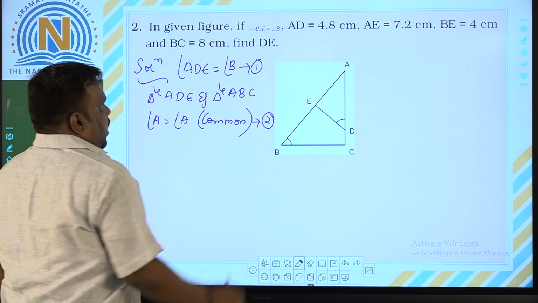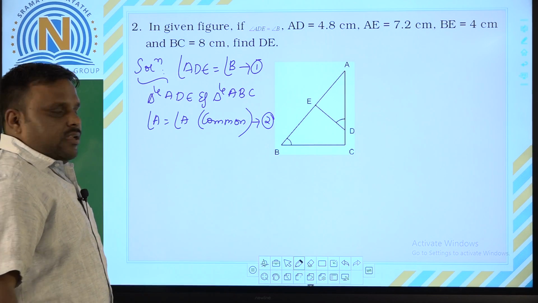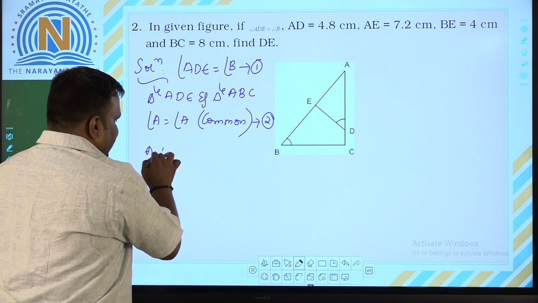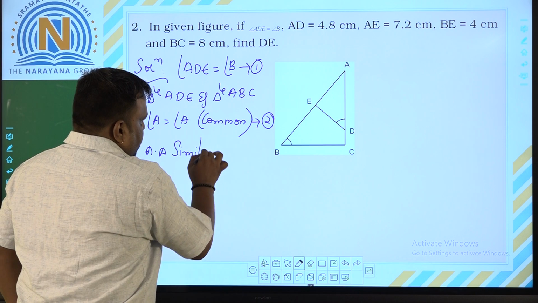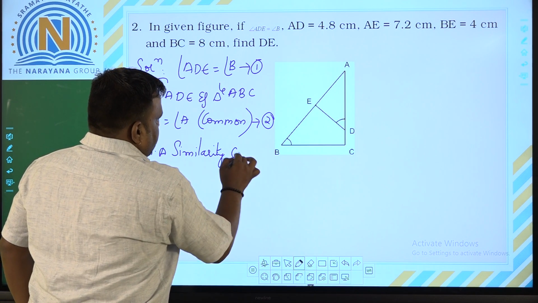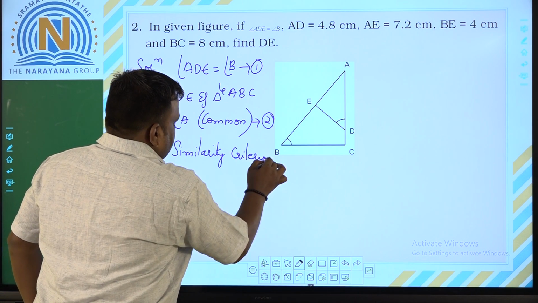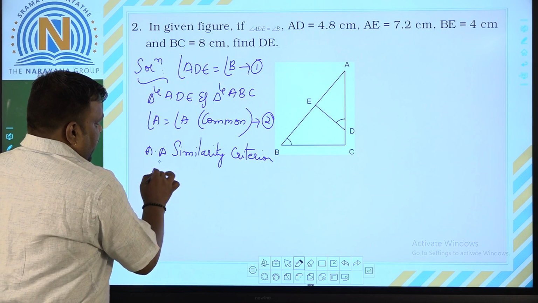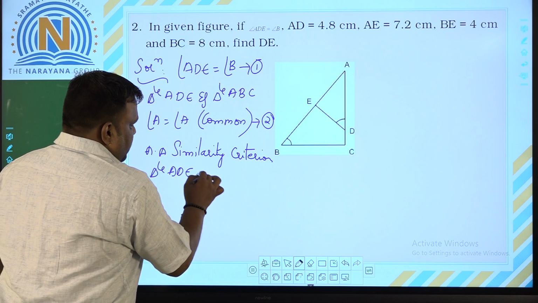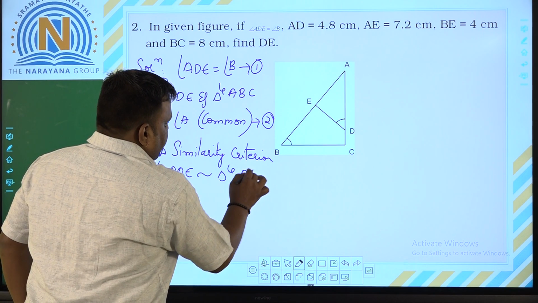Now you can see that two angles are equal. So according to the AA similarity criterion, we can write that triangle ADE is similar to triangle ABC.